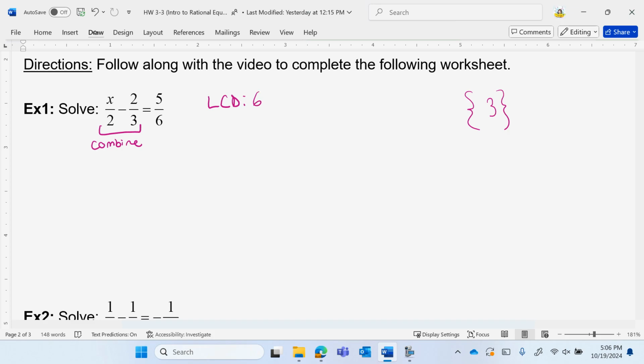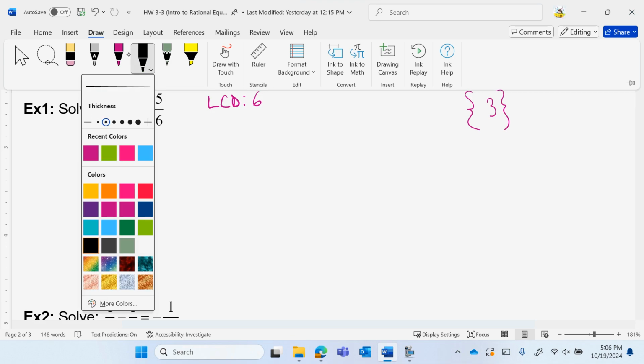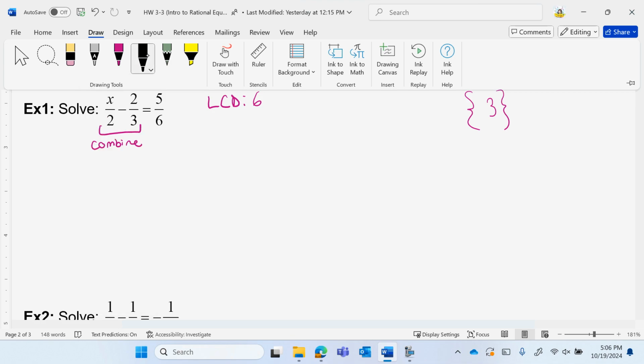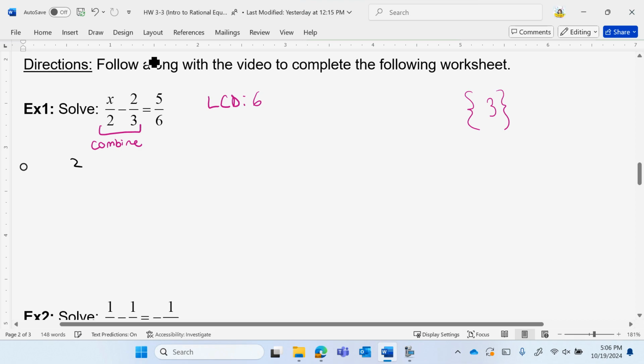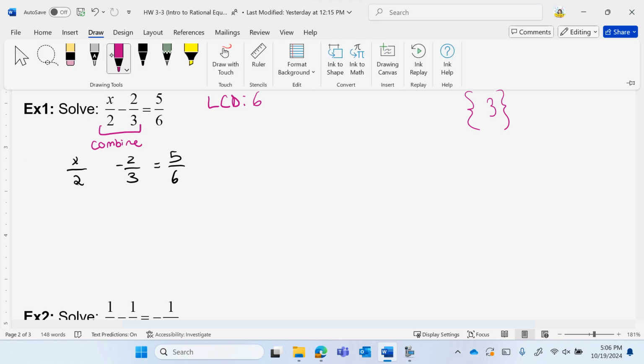So I'm going to write the whole thing out, and we're going to multiply by what's missing. I have x over 2 minus 2/3 equals 5 over 6. I want to get all my denominators to be 6.